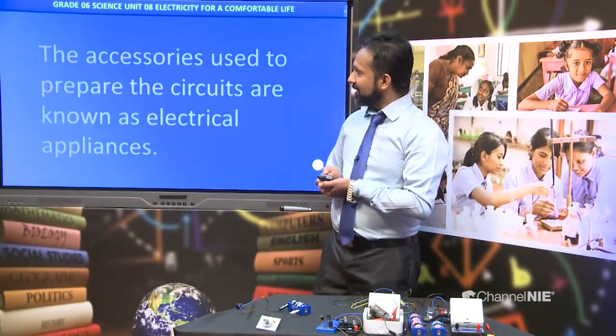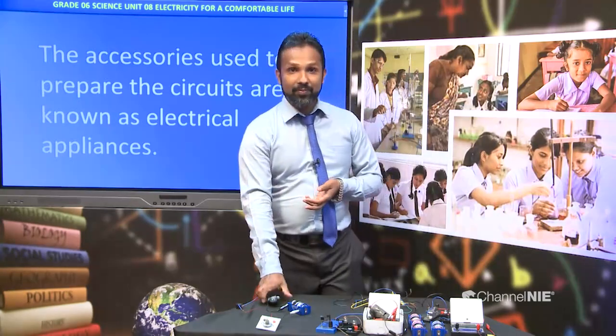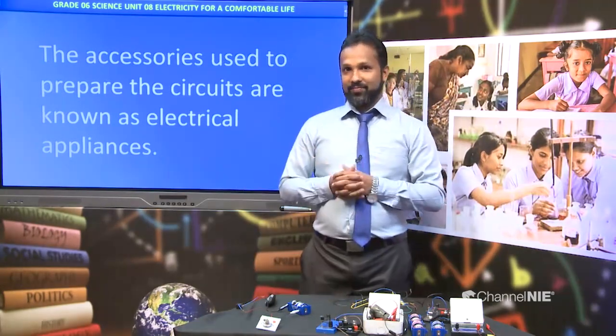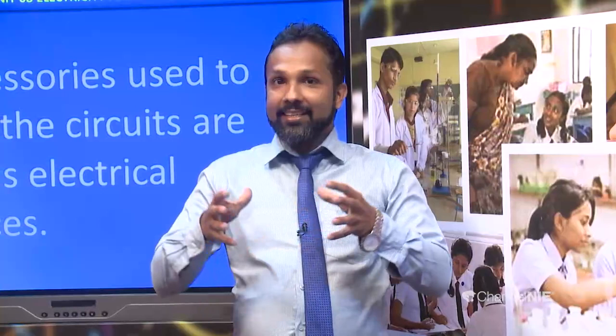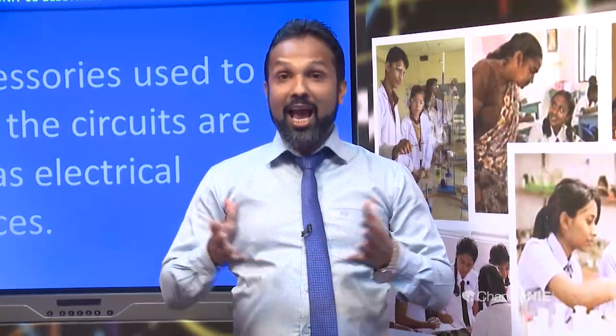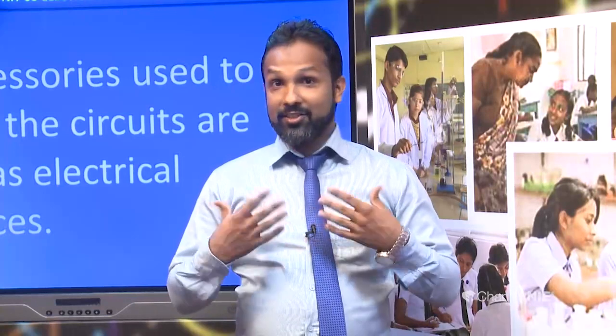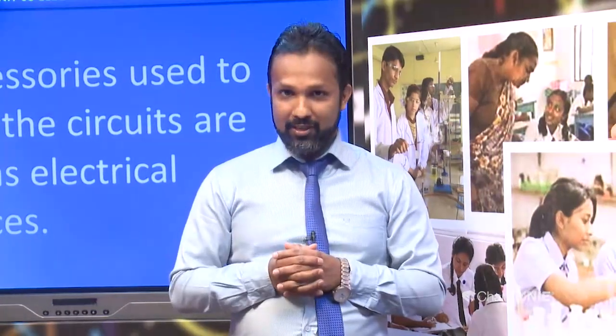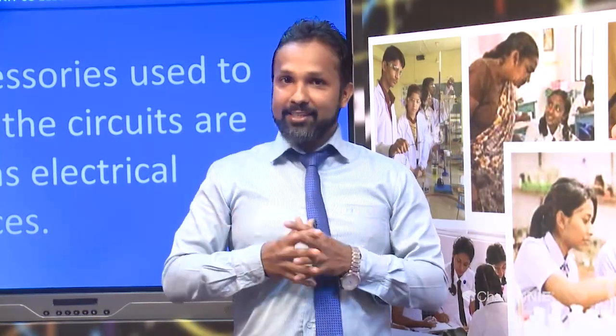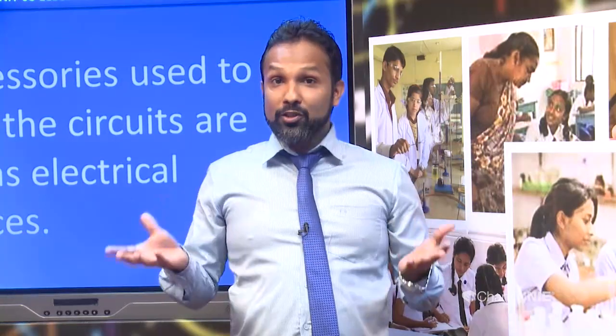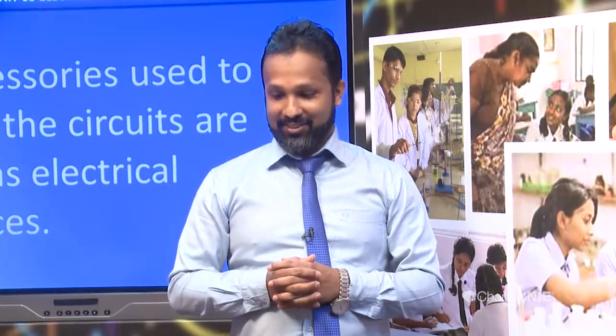Right. Now, my dear children, you can understand that when arranging these circuits, we have to use various accessories. We used connecting wires, a bulb, a dry cell, a switch. How do we call for these accessories that we use when making circuits?